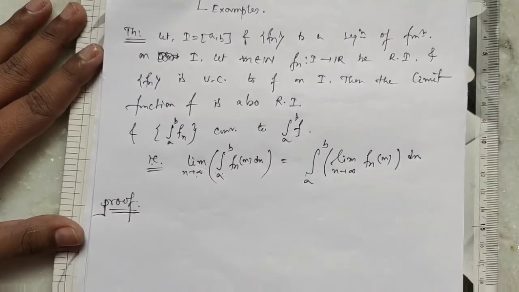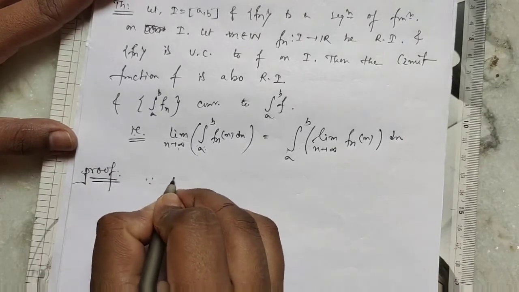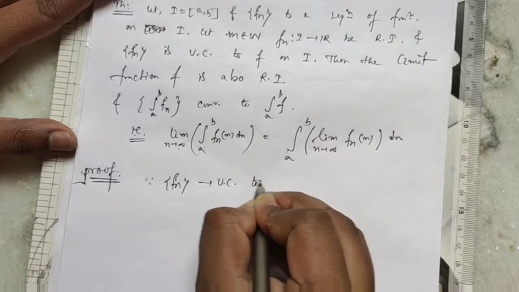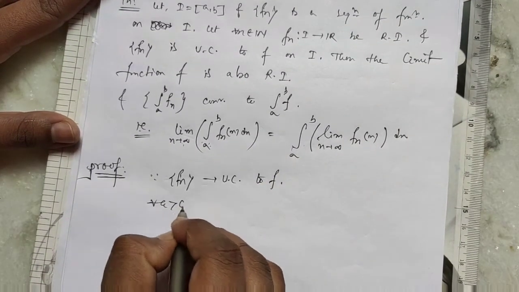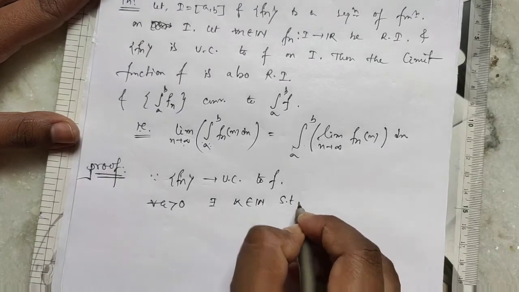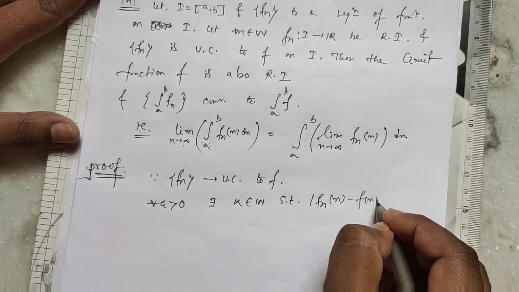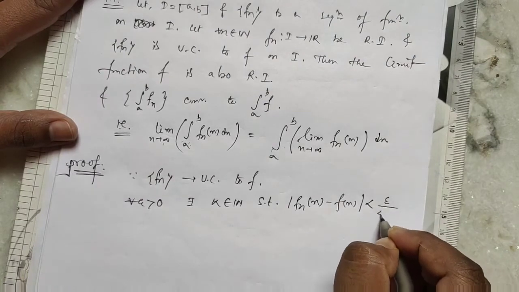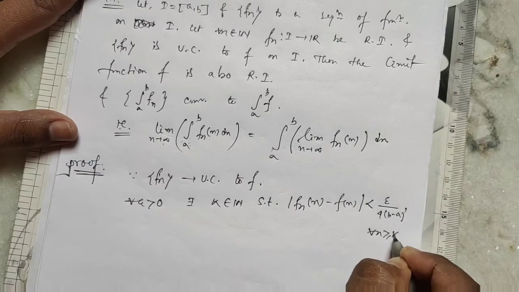Proof. Since this sequence of functions uniformly converges to f, by definition for each epsilon greater than 0 there exists a natural number k such that |fn(x) - f(x)| is less than epsilon. We take epsilon by 4(b - a), for all n greater than or equal to k.